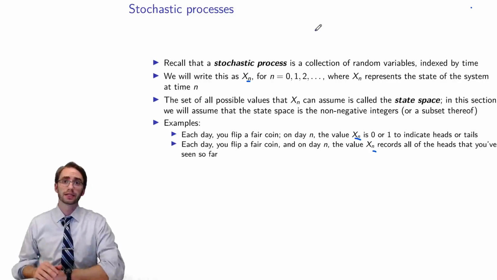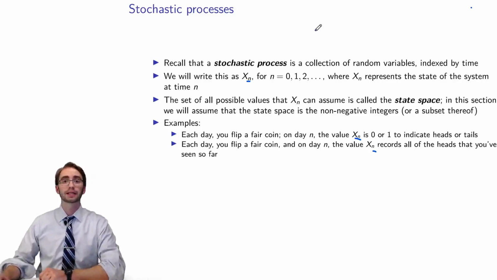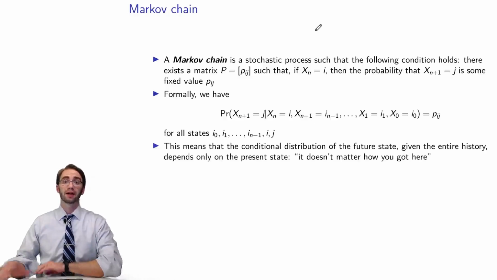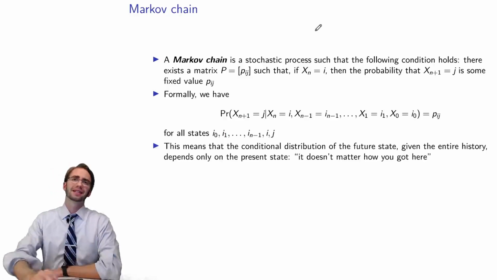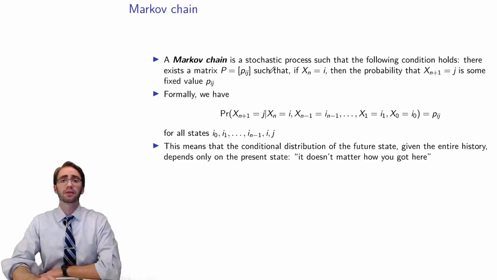A Markov chain is a certain kind of stochastic process with a distinguishing characteristic, which is stated as follows. It's a complicated looking mathematical expression, but it implies something very natural. A Markov chain is a stochastic process such that there exists a matrix with entries p_ij, so that if x_n is equal to i, then the probability that x_{n+1} is equal to j is some fixed value p_ij.